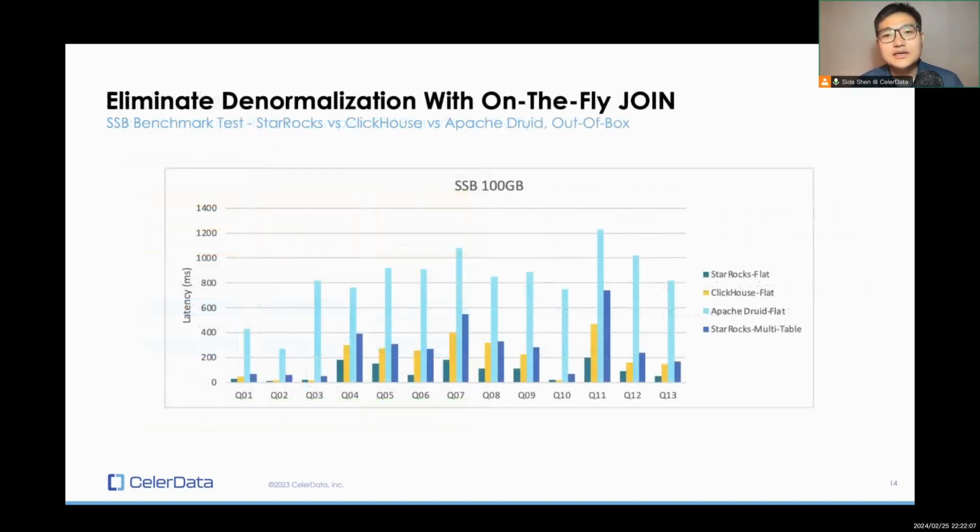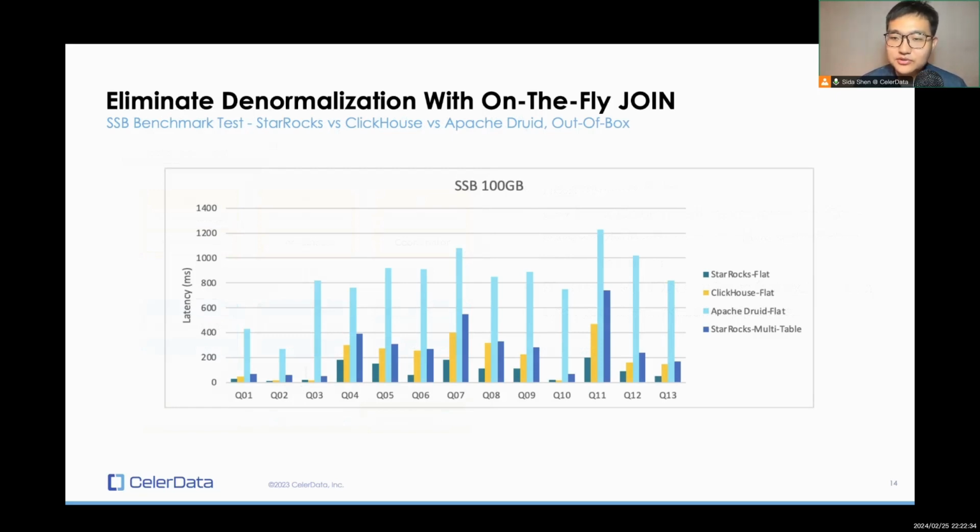So this is an SSB benchmark test, a comparison between StarRocks versus ClickHouse and Apache Druid out of the box. On the right-hand side, you see flat and multi-table. SSB originally is a multi-table test with many tables that performs joins on the fly, to test the join performance.